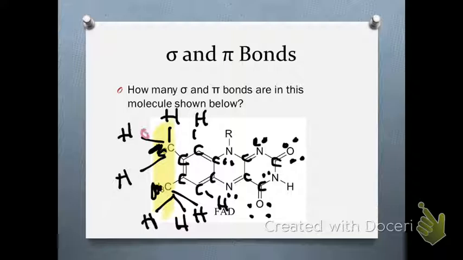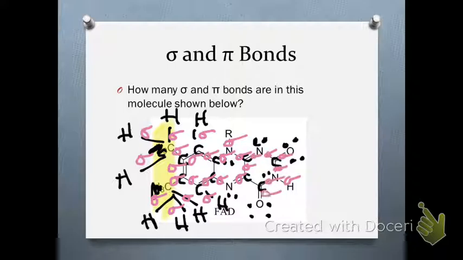Alright, so you should have gotten 1, 2, 3, 4, 5, 6, 7, 8, 9, 10, 11, 12, 13, 14, 15, 16, 17, 18, 19, 20, 21, 22, 23, 24, 25, 26, 27, 28, 29, and I know I missed one, 30, right in the middle.